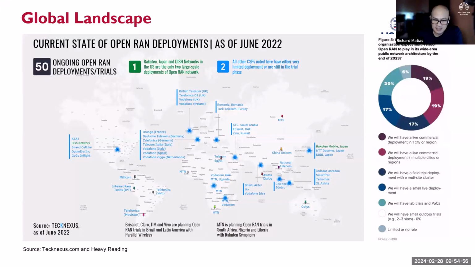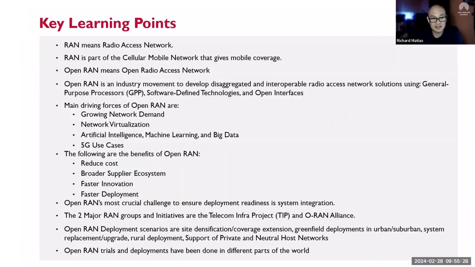If it's still costly to build a cell site there, why don't you choose Open RAN instead? Okay, so it's much cheaper to implement, and you can also have a good use case or study to deploy it in your network. Okay, yeah. So those are the different trials and the global landscape of Open RAN, and that ends our discussion.